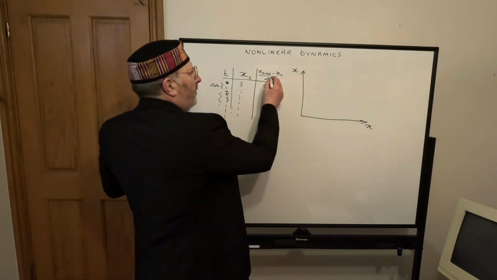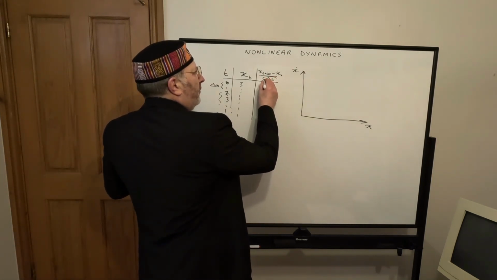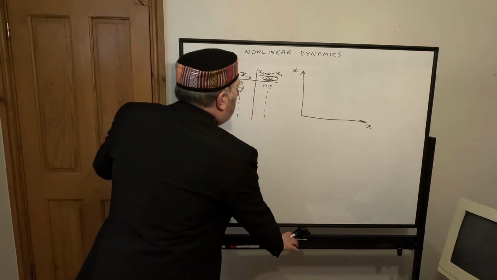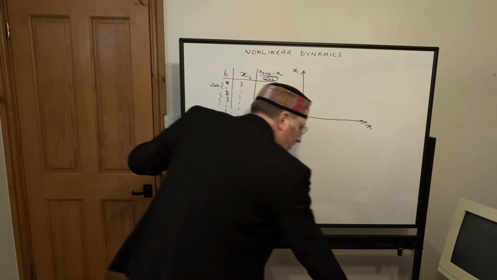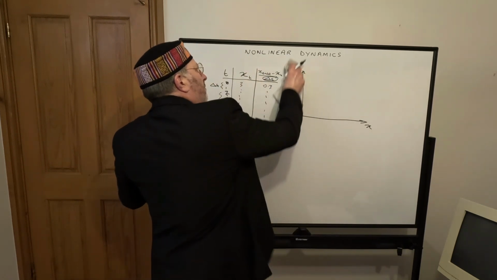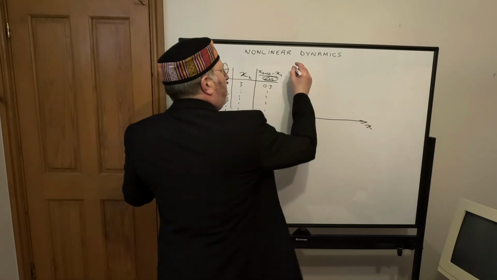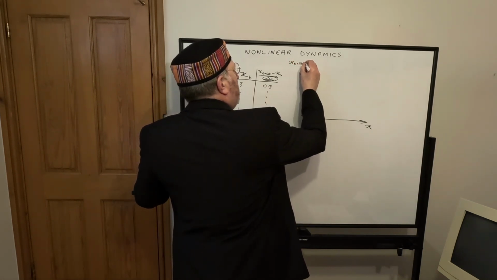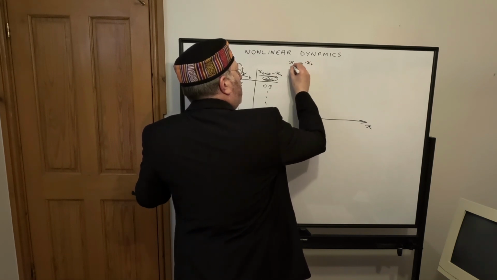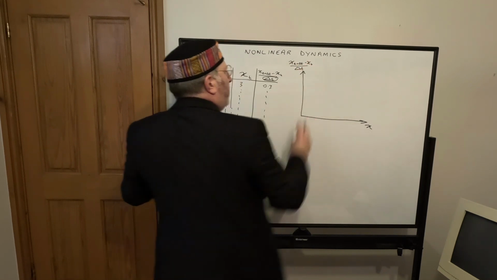And if we're lucky enough that the data comes with a constant delta t, let's just write this up here actually. This x dot is going to be x(t plus delta t) minus x(t) over delta t, that's x dot.